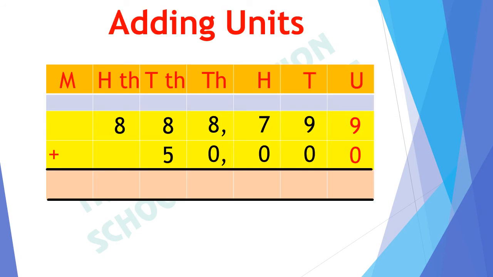If 65,000 more people come and settle in the city, what will be the total population? As the total population of town A, B and C is 888,799, we will add 50,000 in it. We start from units column. In 9, we will add 0 and we get 9. Now we will add tens.